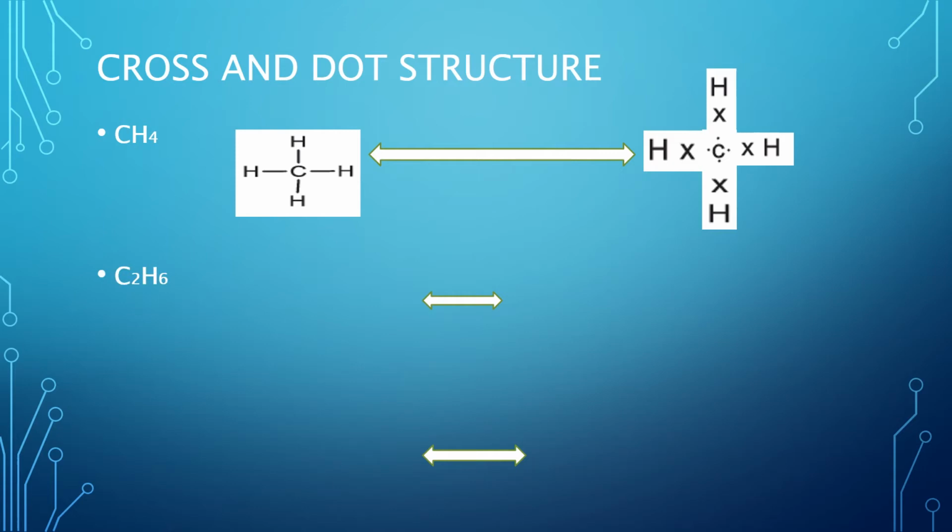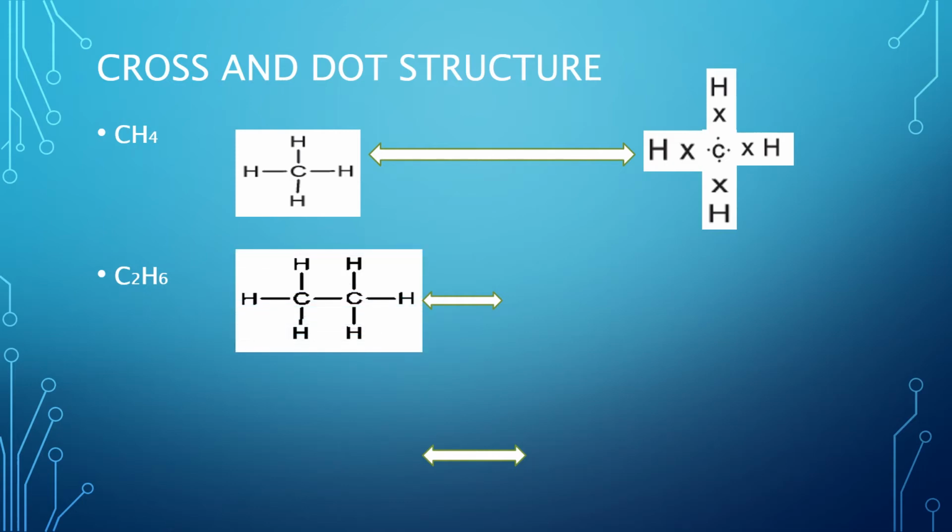The second example is given here, that is the molecule of ethane. As ethane contains 2 carbon atoms and 6 hydrogen atoms, first we will write down its structural formula, and then we will write down its cross and dot structure.